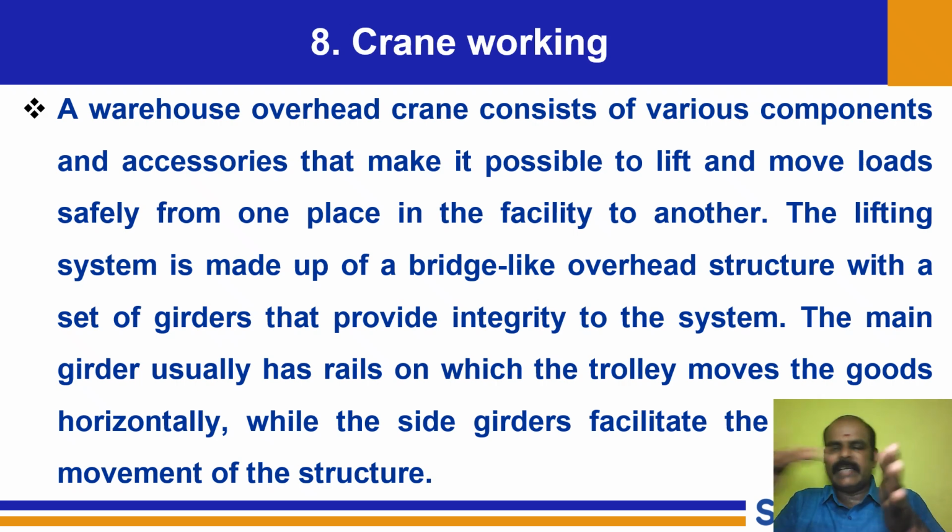It has a set of girders that provides integrity to the system, with either side connected by means of a section, so it gives very good rigidity. The main girder usually has rails on which the trolley moves goods horizontally. On the rail, it takes the load here and there, facilitating the sliding of the load.